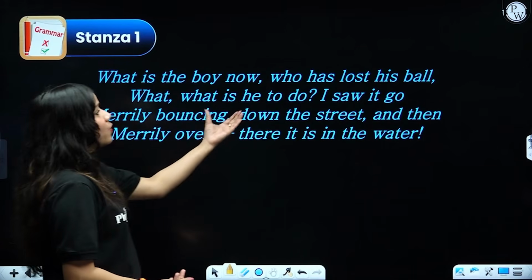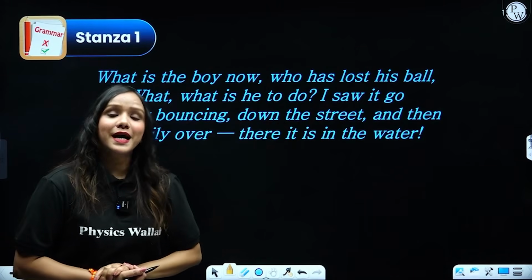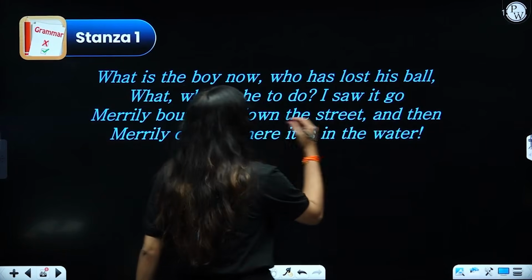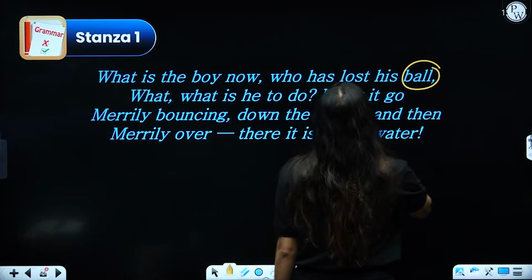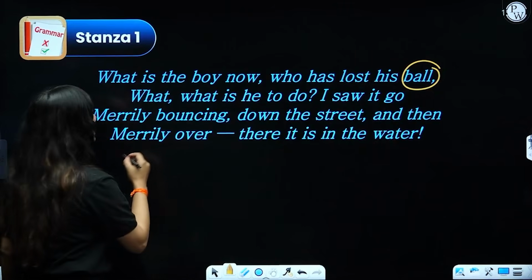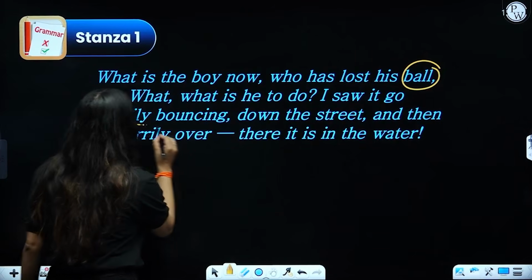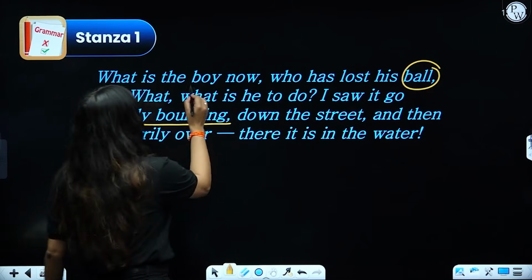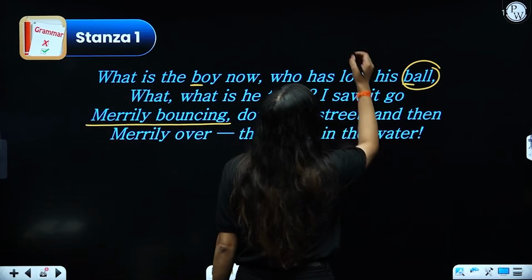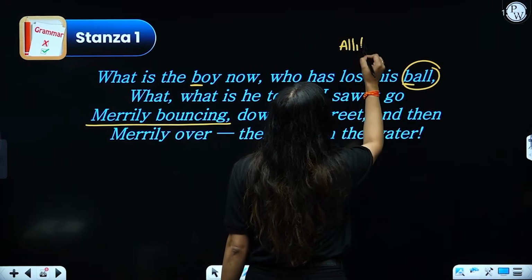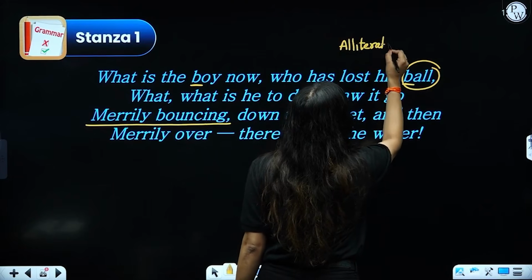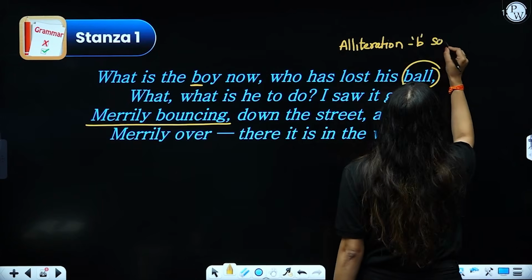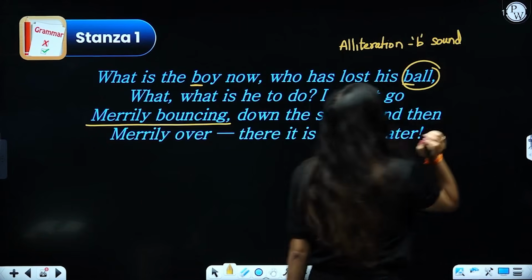What is the boy now who has lost his ball? First of all, as I always discuss literary devices while reading any poem, see, the word ball has been repeated here, ball, here also, right? Merrily bouncing, you have a literary device here also. What is the boy? First of all, see, the B sound is getting repeated here. There is alliteration in the B sound.